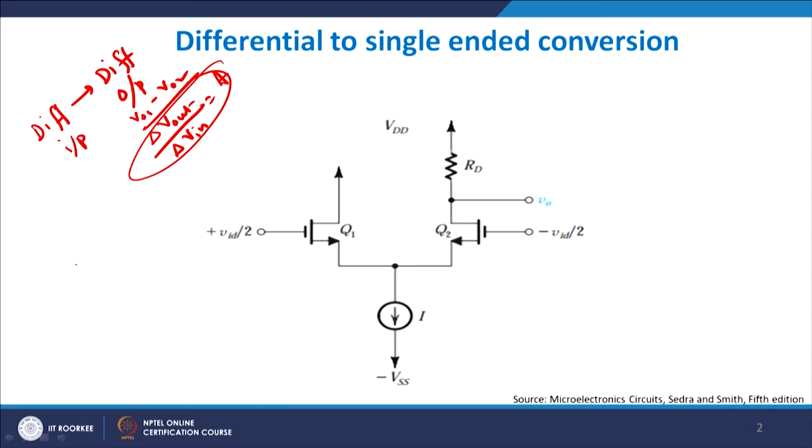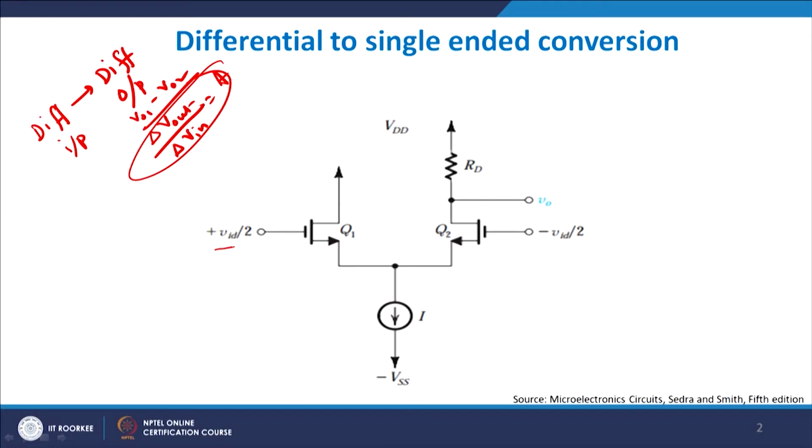We also sometimes require a differential to single-ended conversion. So, this is the diagram for that: you apply signals here, VID by 2, the difference divided by 2 plus, and then the difference divided by 2 minus. We already know what VID is: VID is basically V input 1 minus V input 2.